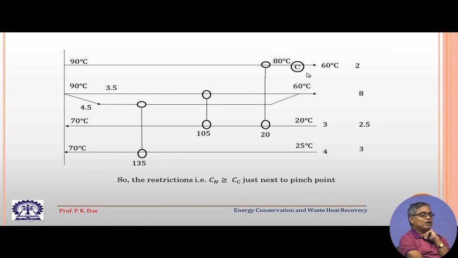How much cold utility we have to use, you can calculate, and you will see whatever solution we have got. So, with that cold utility we will be able to satisfy this situation. So, this gives the solution of the cold end of the problem. So, with this we will be able to design the cold end.